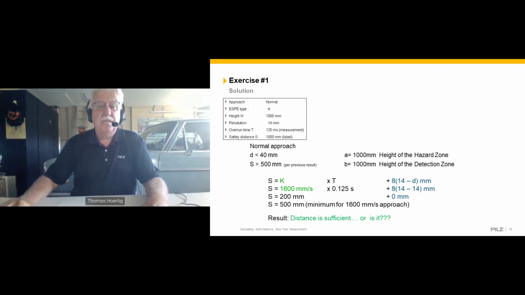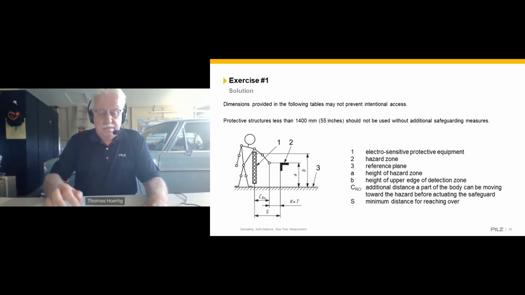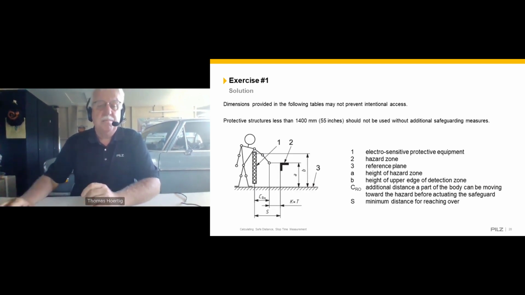And you will see on the next slide that we have to look at the height and make sure that we don't have a reach over situation. It says here protective structures less than 1,400 millimeters, 55 inches, and in our example here we have 1,000, so we're lower.